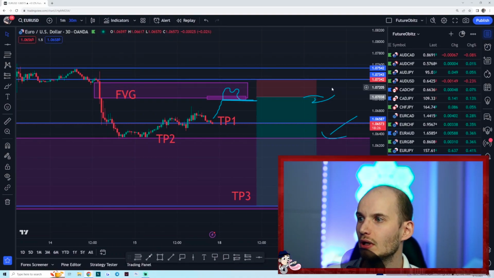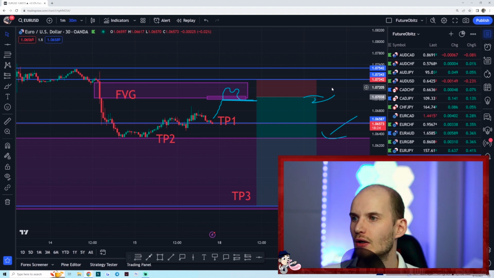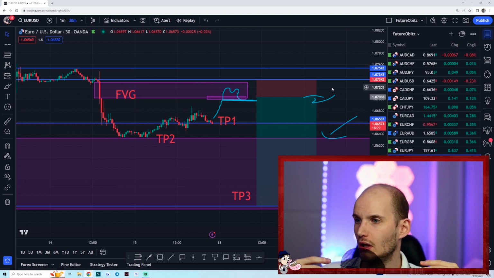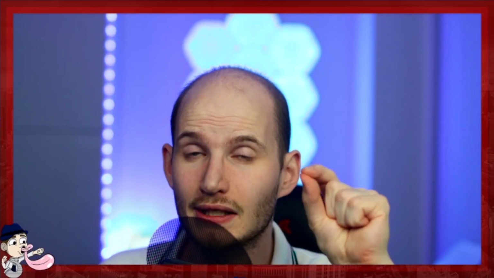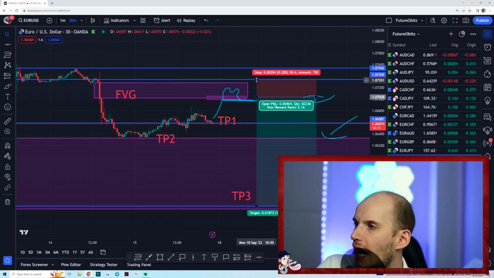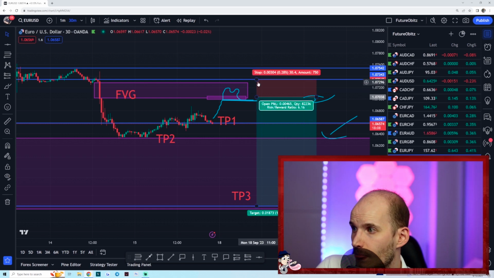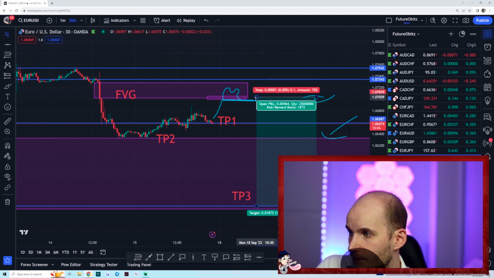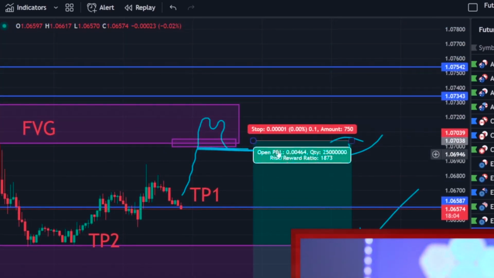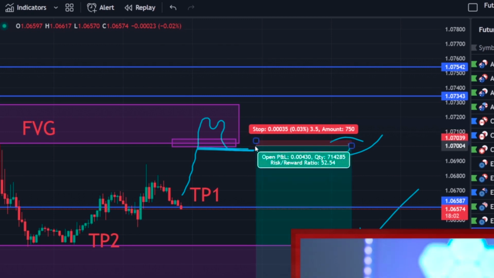In your broker, there will be something called modify, or something called change your stop loss, or you can even click on the broker and just move the stop loss, right? So I would be moving my stop loss if we hit TP1 to about here and a little bit lower, because there is something called spread, and spread needs to be paid.